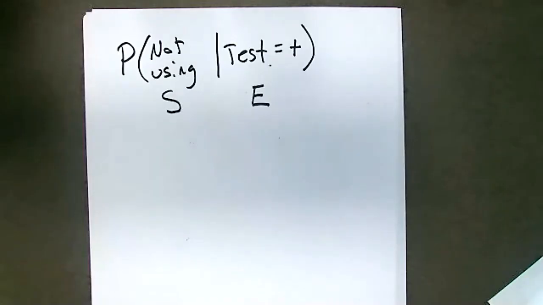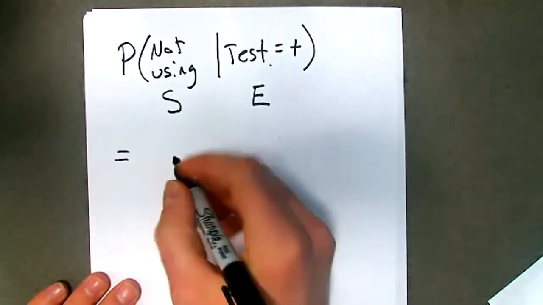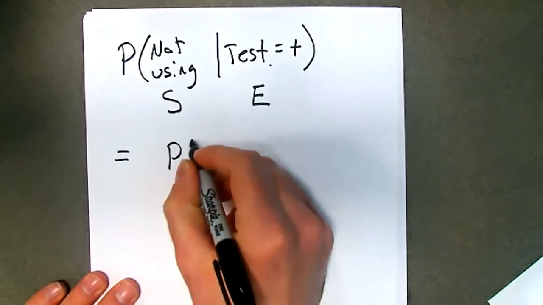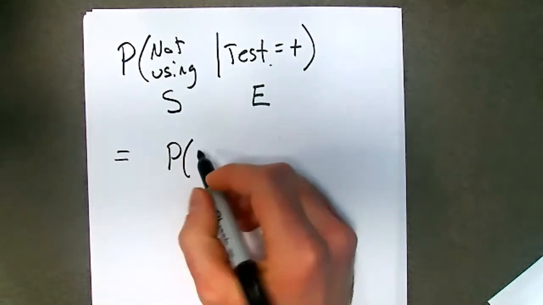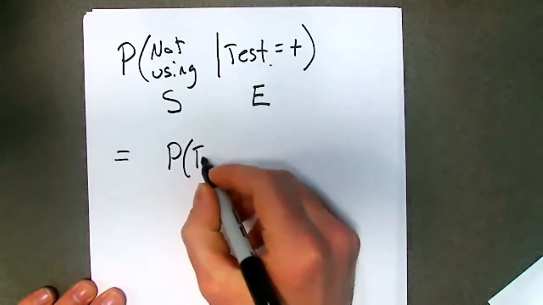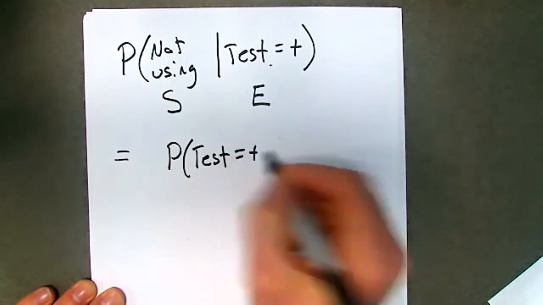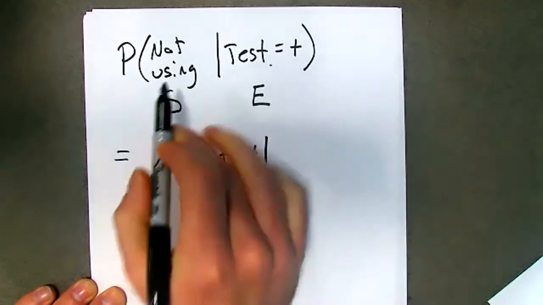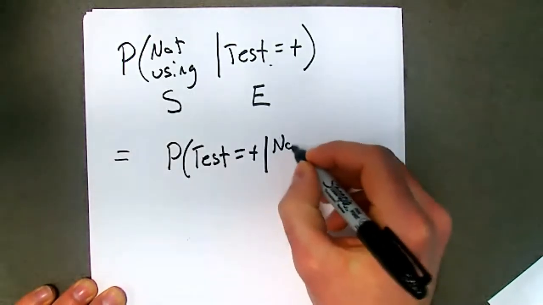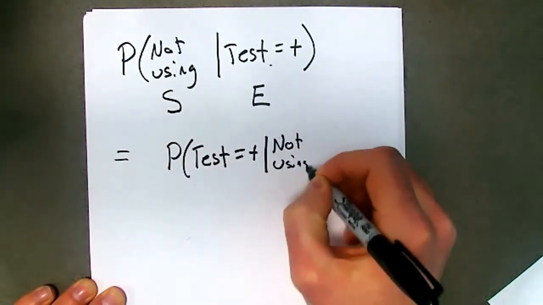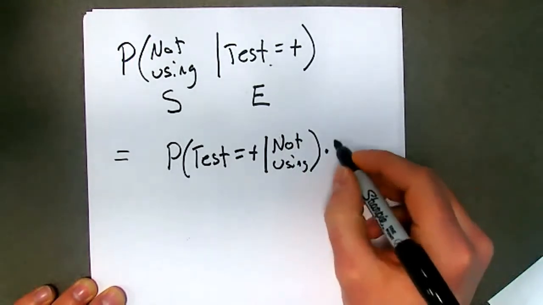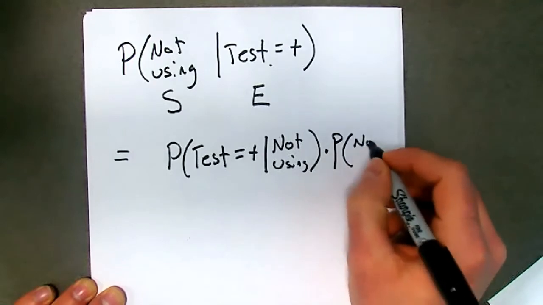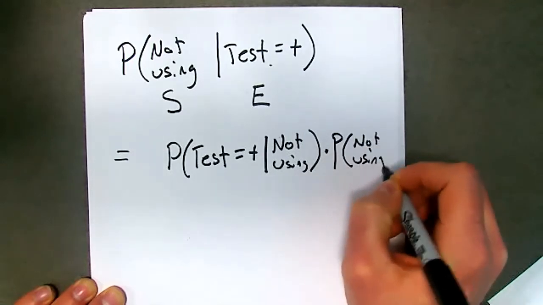I'm basically just going to talk through this equation and write it out in the context of our example. So the very first part of that Bayes equation is the probability of E given S. The probability of E, the test comes back positive, given S, our S was that they were not using. And then it was multiplied by the probability of S, so the probability that they're not using.